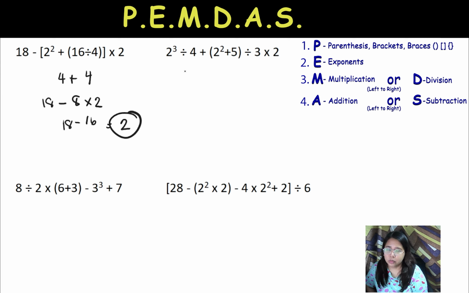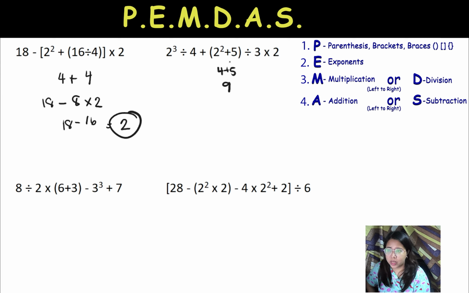Next example, we have 2 cubed divided by 4 plus the quantity of 2 squared plus 5 divided by 3 times 2. Okay, so according to PEMDAS, unahin natin yung nasa loob ng parentheses. In this case, we have 2 squared plus 5. So that is 2 squared, that is 4, plus 5, and that is 9. Okay.